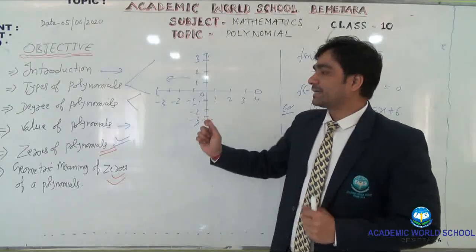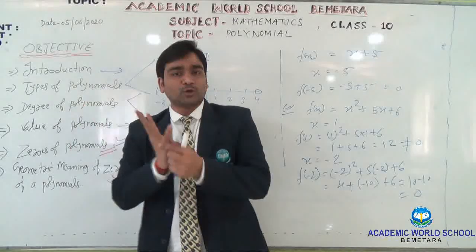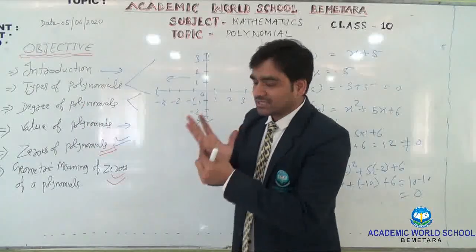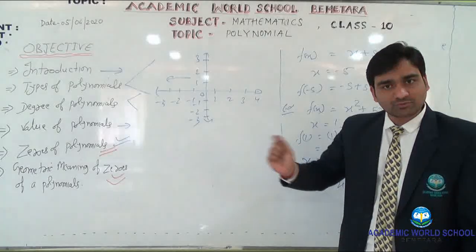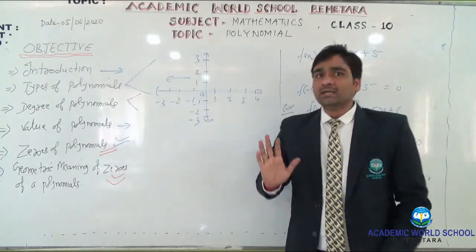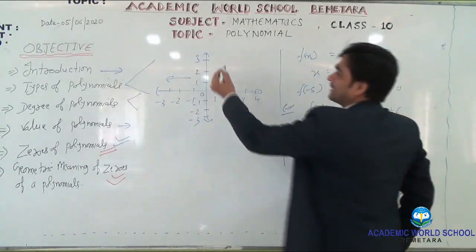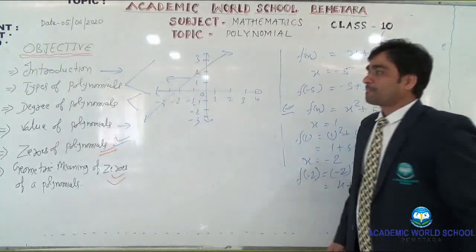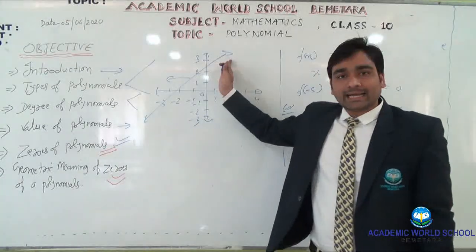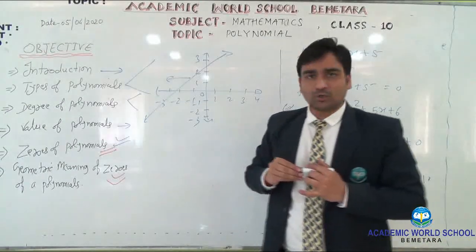Now we will see the geometric meaning of the zeros. As we have seen, what is the graph of a linear polynomial? It is a straight line, as we studied in class 9th also. Let's suppose this is the line of a linear polynomial.